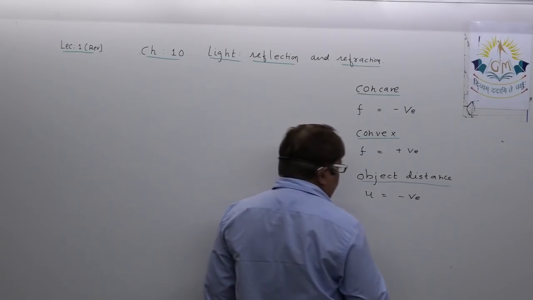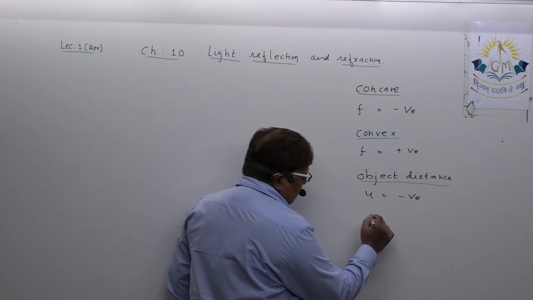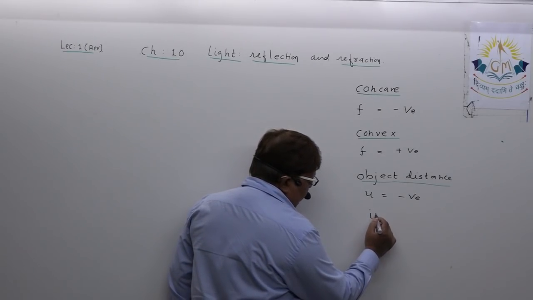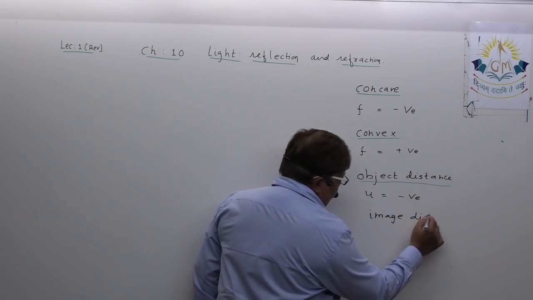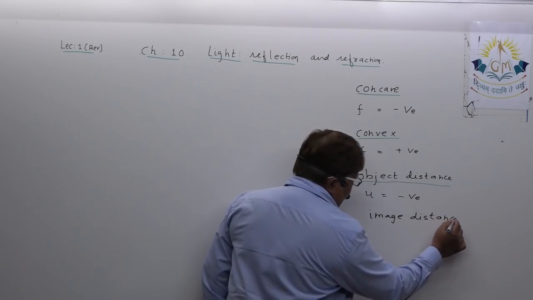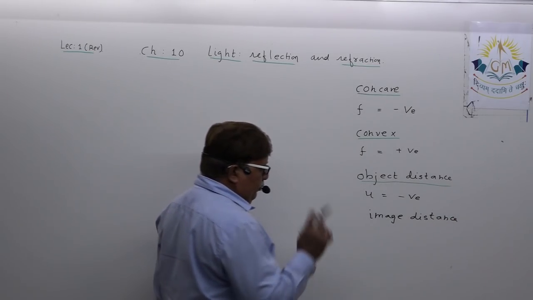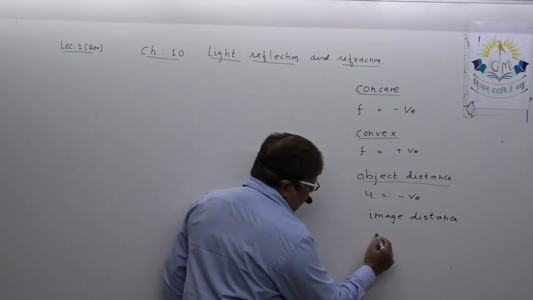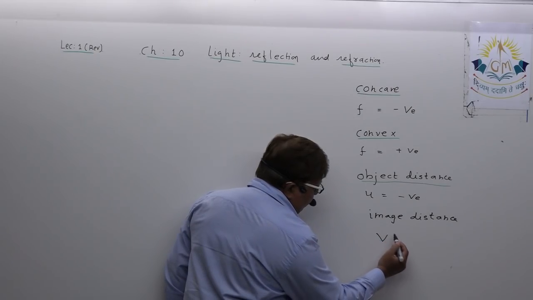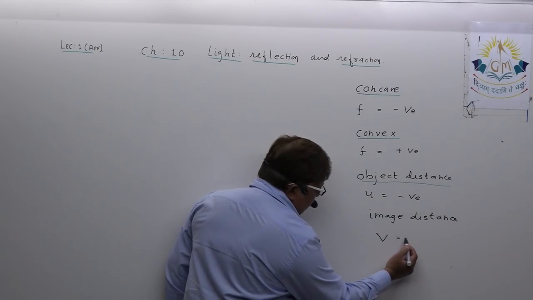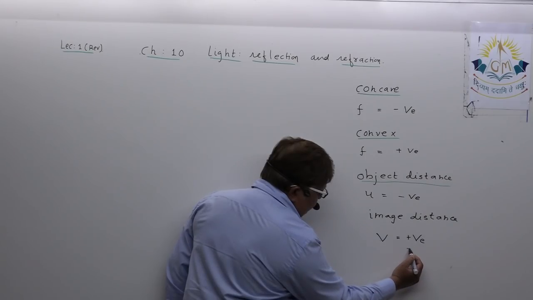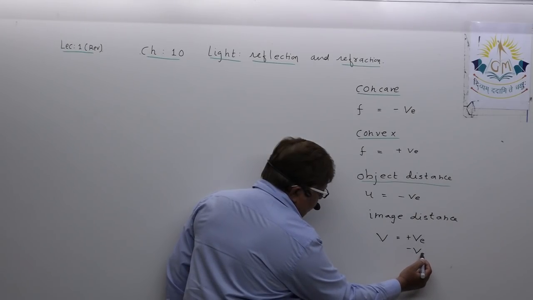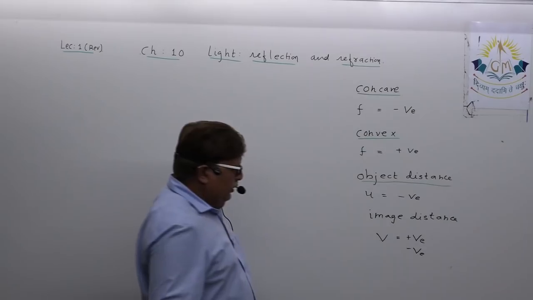And one more thing, dear students, image distance means where the image is formed. Understand? So remember one thing very clearly. Image distance may turn out positive, may turn out negative.